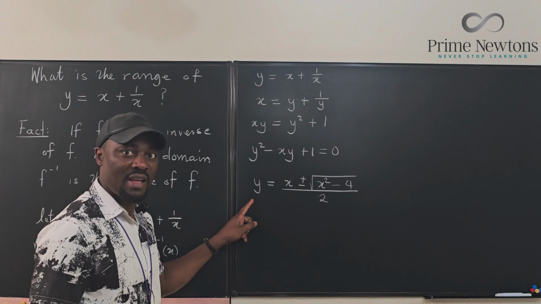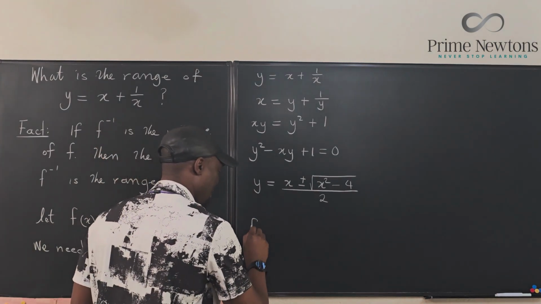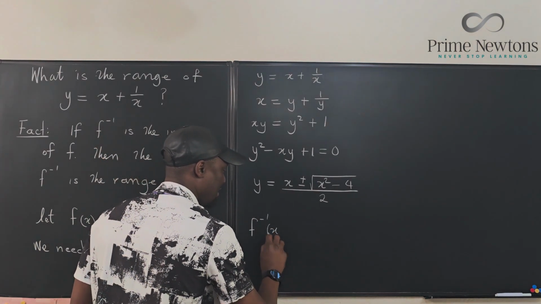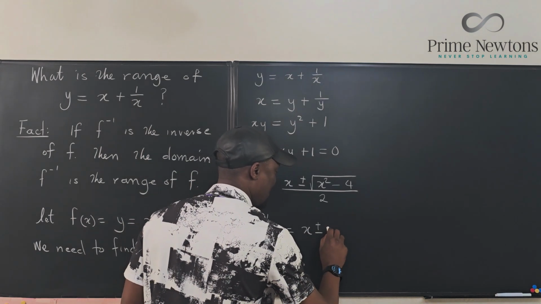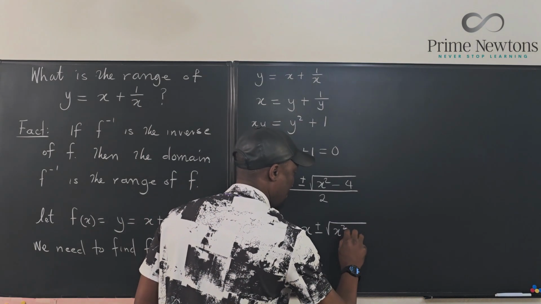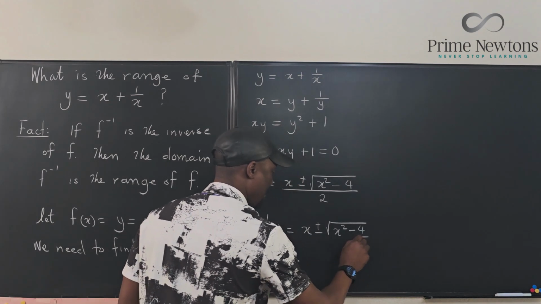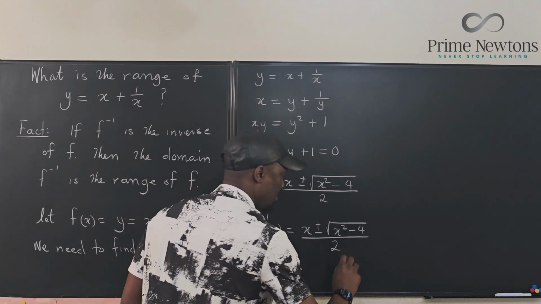You see this y is actually your f inverse of x: x plus or minus the square root of x squared minus 4, over 2.